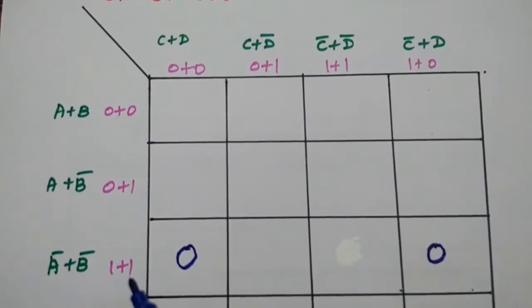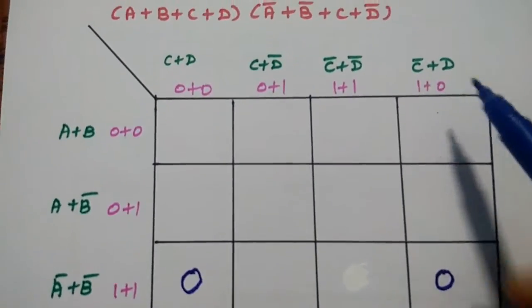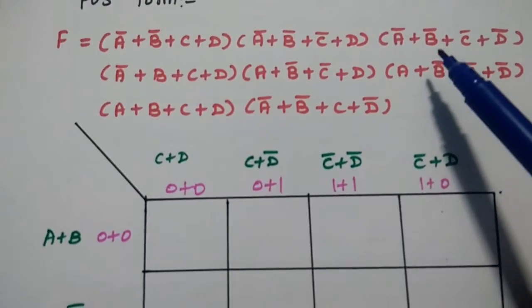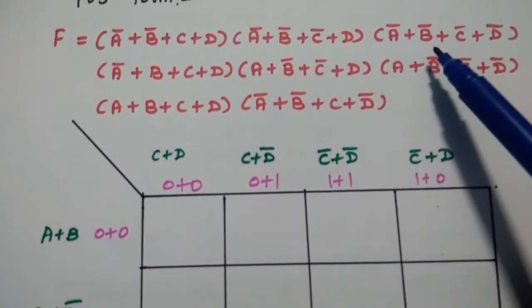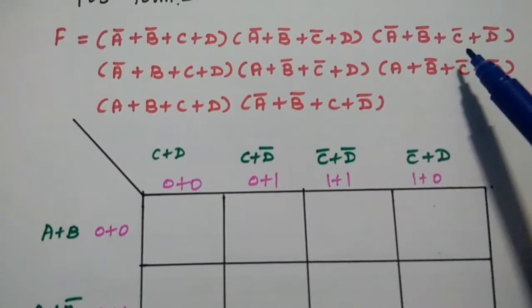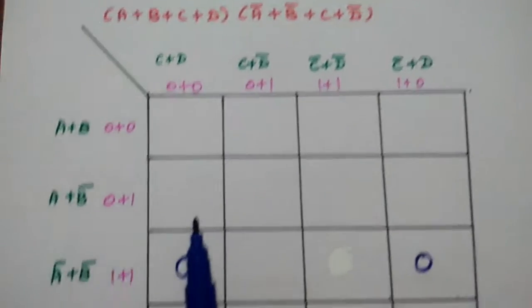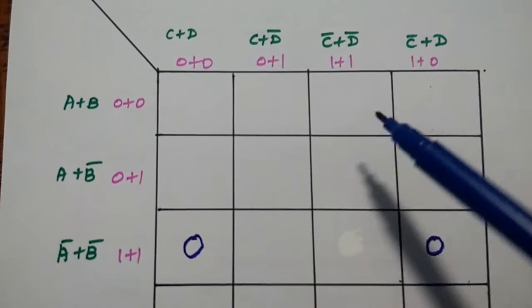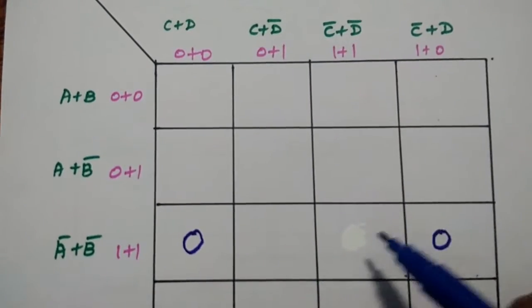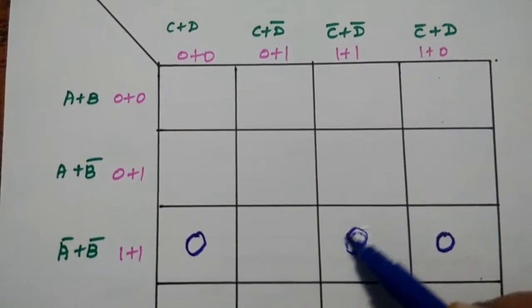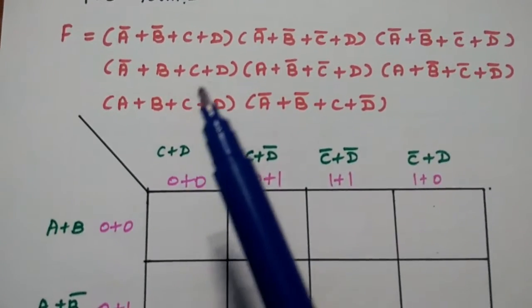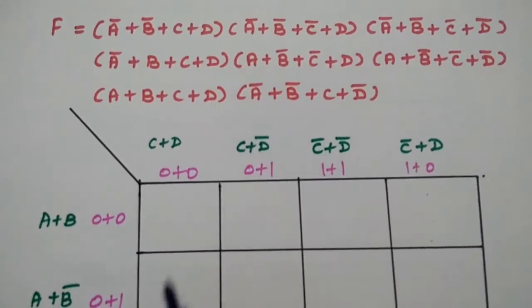A bar plus B bar plus C bar plus D. Okay. So that is second max term. What about the third? A bar plus B bar plus C bar plus D bar. So you can easily say A bar plus B bar means third row. C bar plus D bar means third column. So we can place the 0 here. Is that okay? So next A bar plus B plus C plus D. Okay.